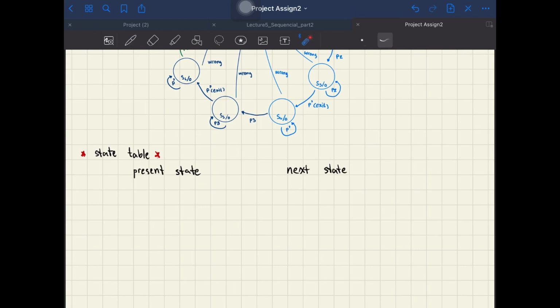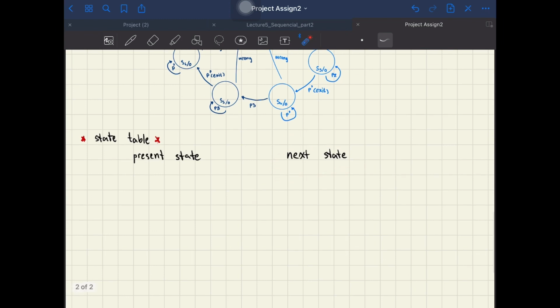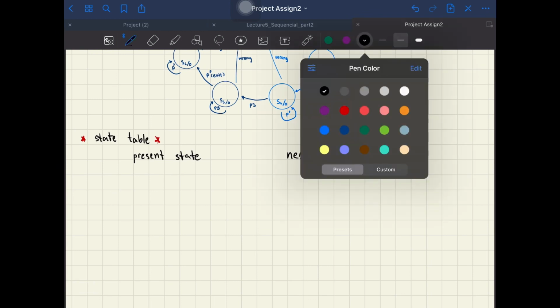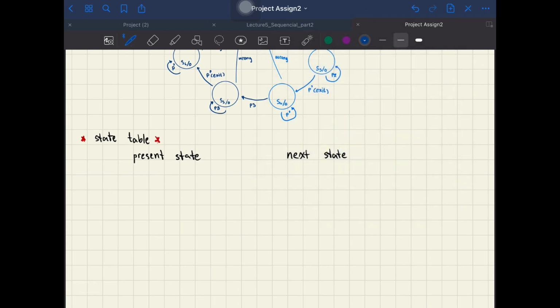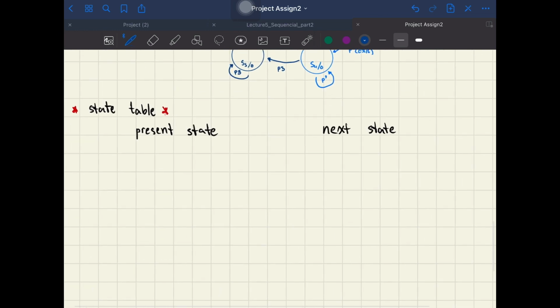Present state means that you are now here, and next state means like the future. If you do something, what is going to happen is the next state. And as I told you, it will have about 16 rows, right? Because 16 states.